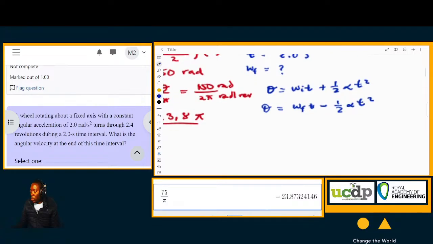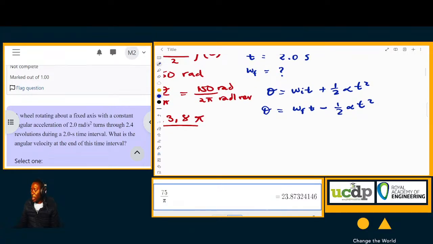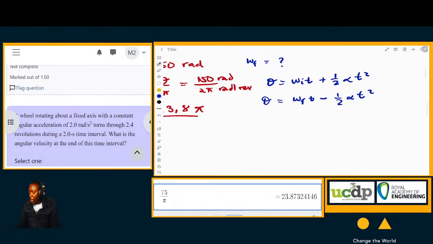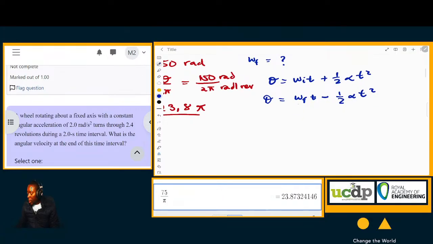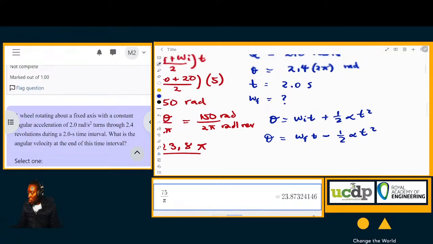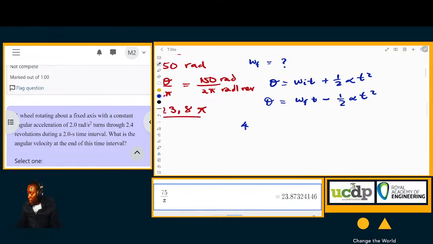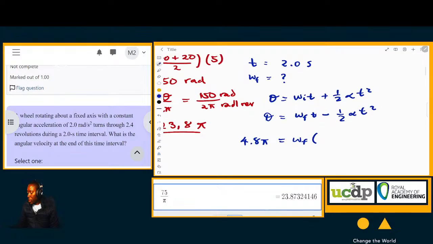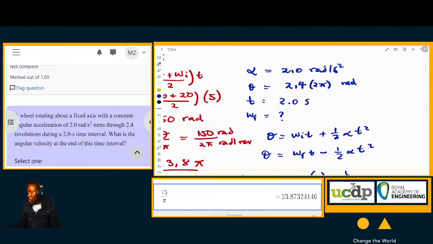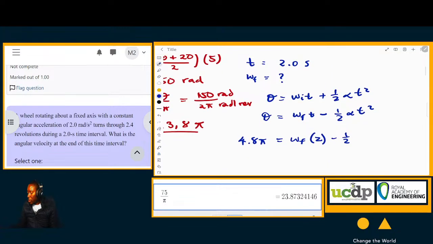So we don't want to go the long way. Always choose that easier and shorter way to save ourselves time and minimize errors. So now, based on that equation, theta is equal to 4.8 pi equals omega f times t, which is 2 seconds, minus half alpha, which is 2.0, and t is 2 squared, which is 4.